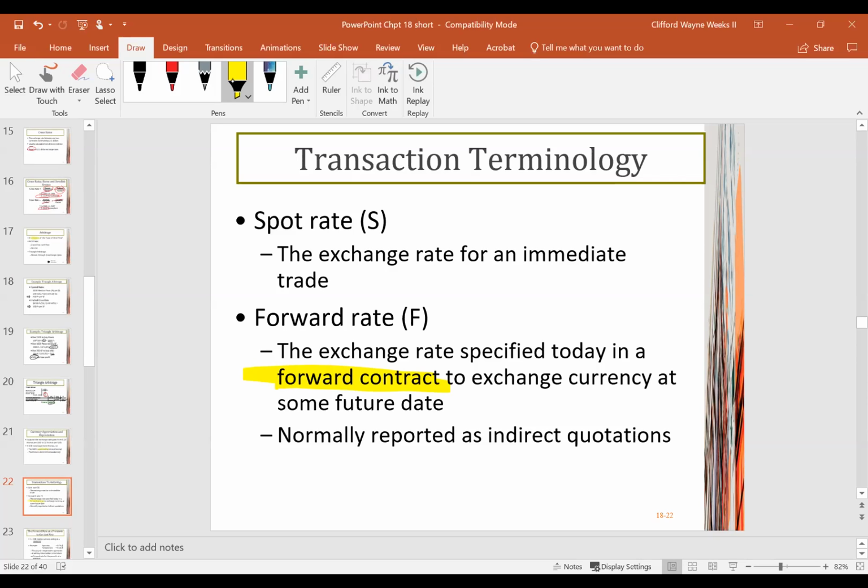For those that might have been in advanced accounting, we talked about this when we talked about a derivative. And in intermediate, I did talk about this briefly. But basically, here's the deal. You make a sale to Japan, to a Japanese company. They're going to pay you in yen.